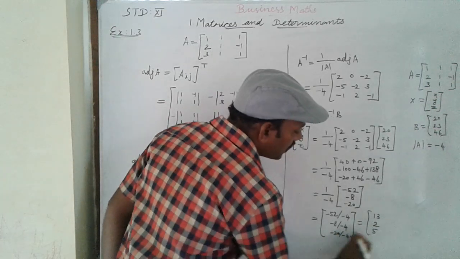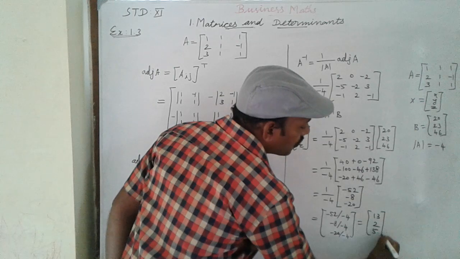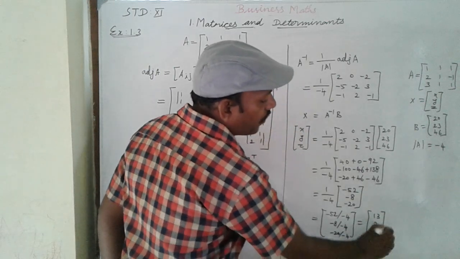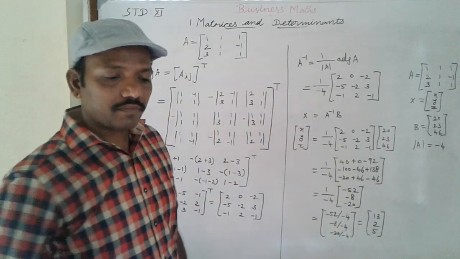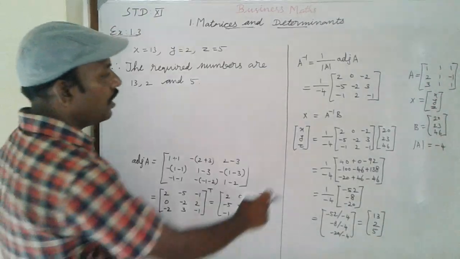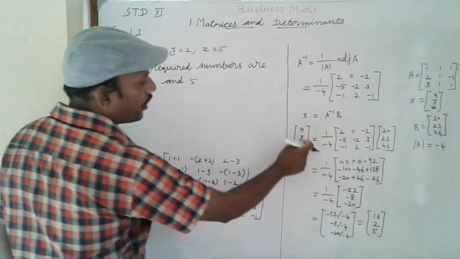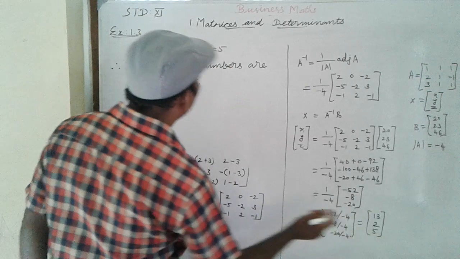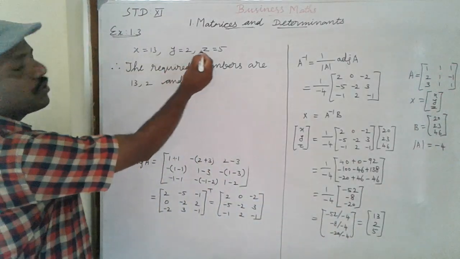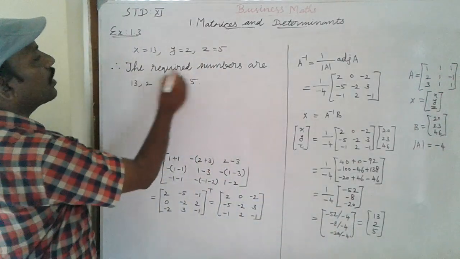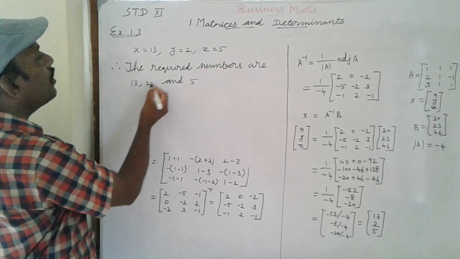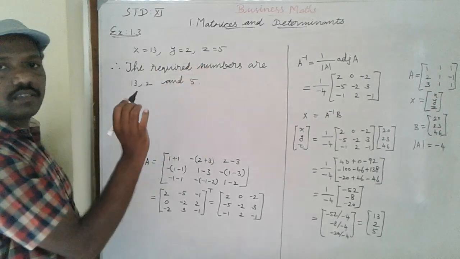So we get 13, 2, 5. X equal to 13, y equal to 2, z equal to 5. The required numbers are 13, 2 and 5. That's all.